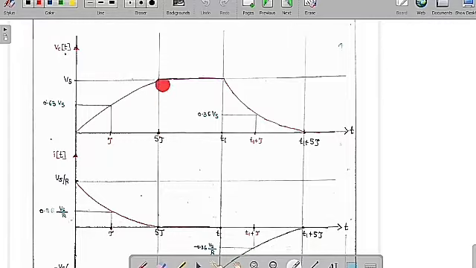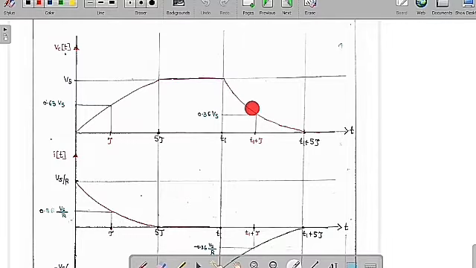Now after reaching the steady state, after some time I am going to open the switch or move the switch to position B. Because of that, the capacitor voltage is going to decay. The expression is Vs into e to the power of minus t by RC. You can see clearly that from this time tau it is going to decay.